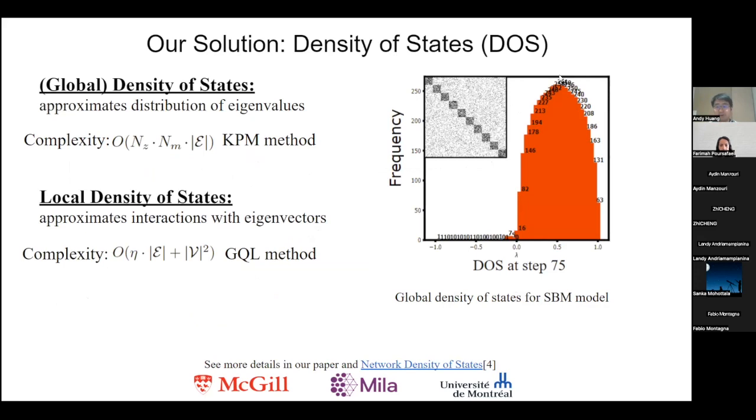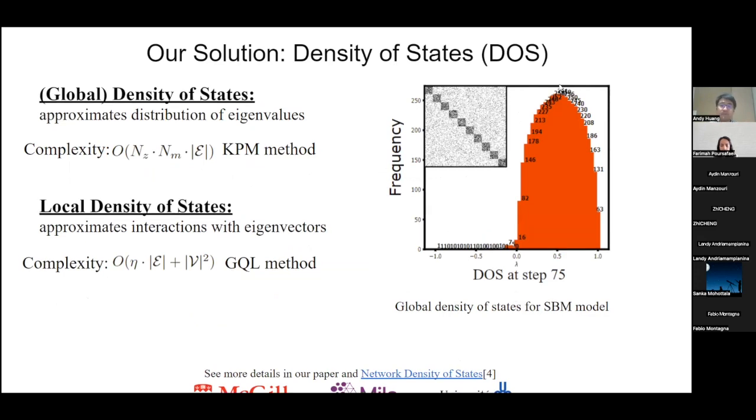The density of states method was proposed in a prior paper at KDD 2019, where they focused on the computation and approximation of density of states. Here, I will give an intuition about how it works. Density of states is a concept taken from quantum physics, where you look at the states of the electrons and count how many electrons are at what state.